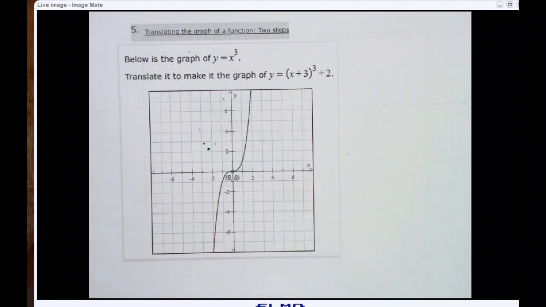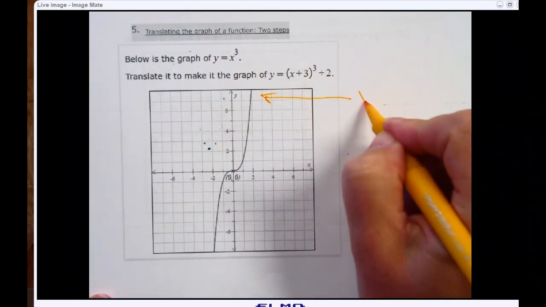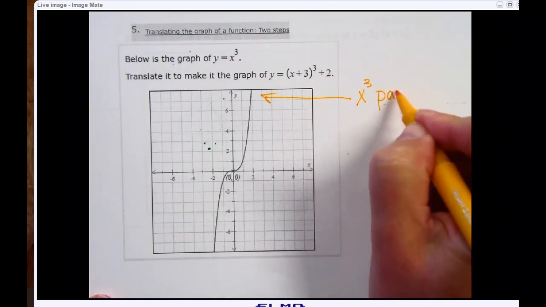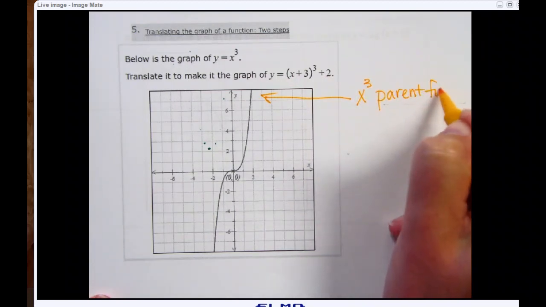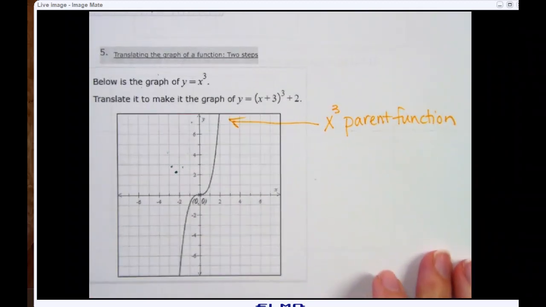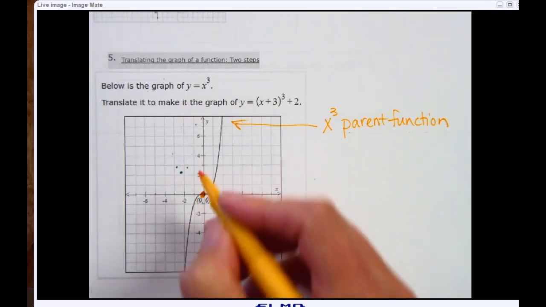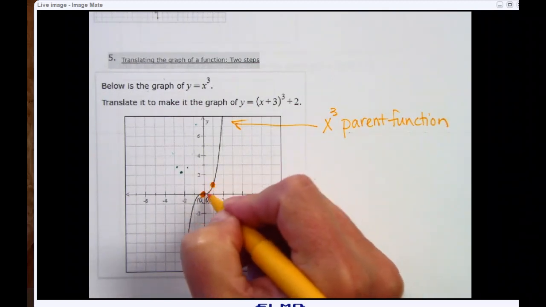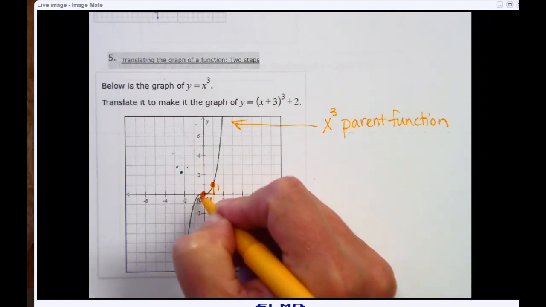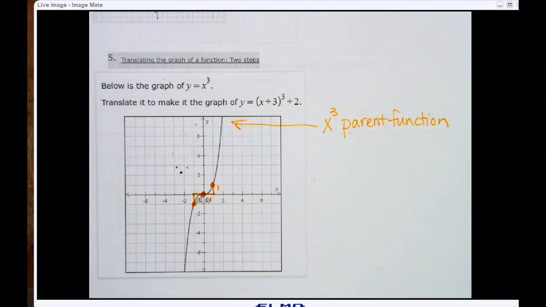I'm going to point out on this one, we don't have to, but I'm going to point out this is the parent function. So this is the x cubed parent function. And its key points are this 0, 0. And then we're over 1, up 1, but we are over 1, down 1 as well.